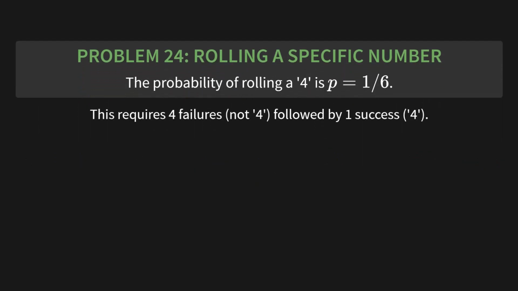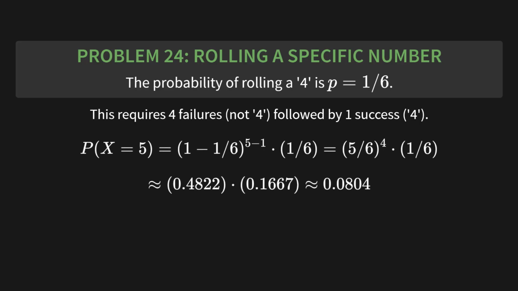We just plug k equals 5 into our formula. P(X = 5) is (1 - 1/6)^(5-1) times 1/6.